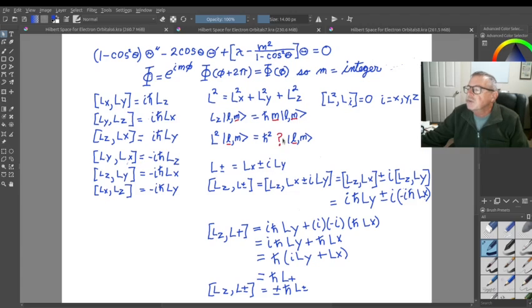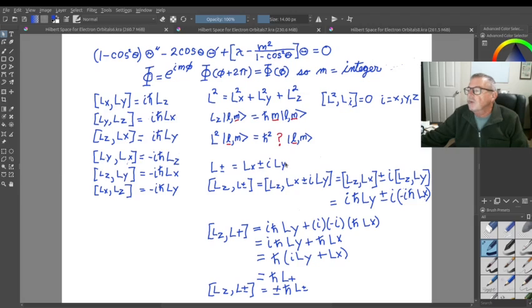Now it gets pretty messy. Watch if you dare. This is called, by definition, the ladder up, ladder down combination operator. This is defined as Lx plus or minus i Ly.